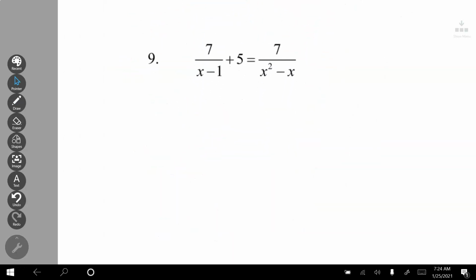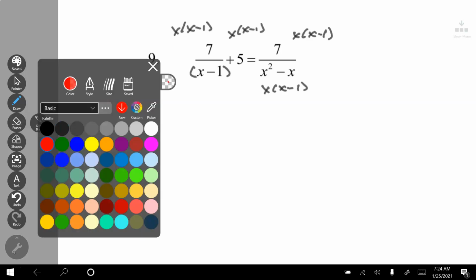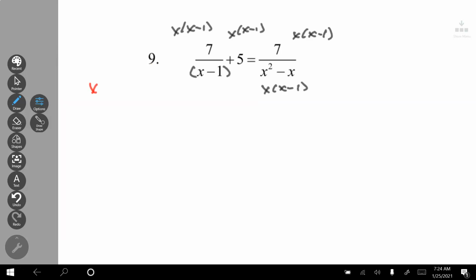And then finally this last problem, I'm going to set it up. This is just x minus 1. So I'm going to group this and do x minus 1, x minus 1, x minus 1. And make note that x cannot equal 0 or 1 from the beginning of the problem.